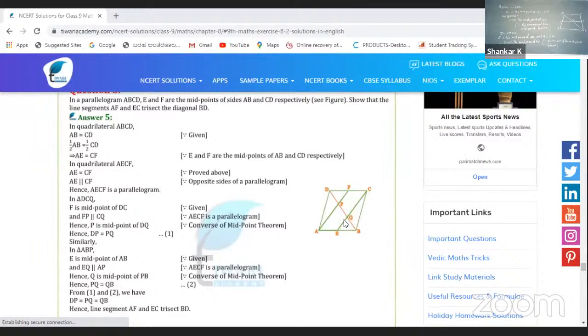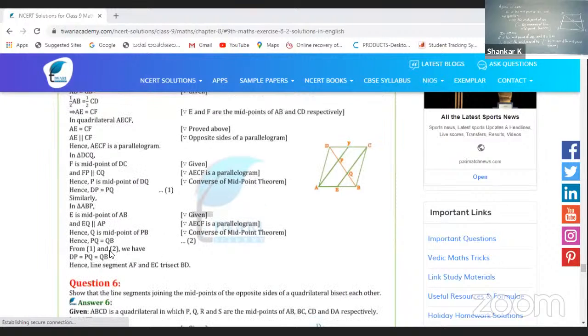Hence, Q is the midpoint of BP. So, PQ equal to QB. From the above, we have DP equal to PQ equal to QB. Hence, line segments AF and EC trisect BD.